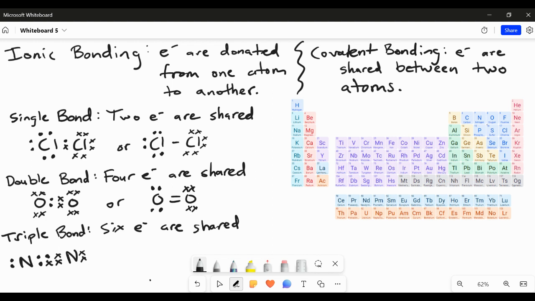So nitrogen has 5 valence electrons right here. So you can see there's 5 dots and there's 5 X's. But because their electrons are being shared, that one has 8 around it now, and this one right here has 8 around it. And you may also see it look like this.